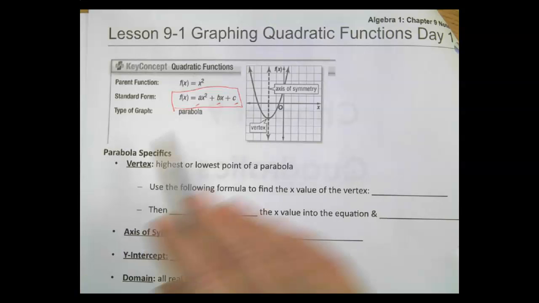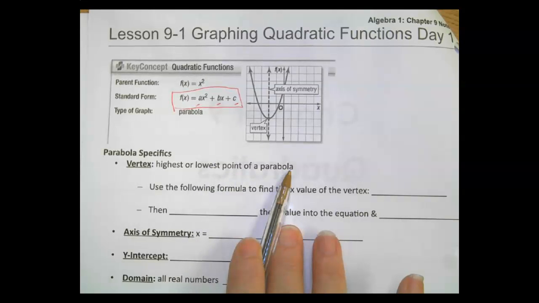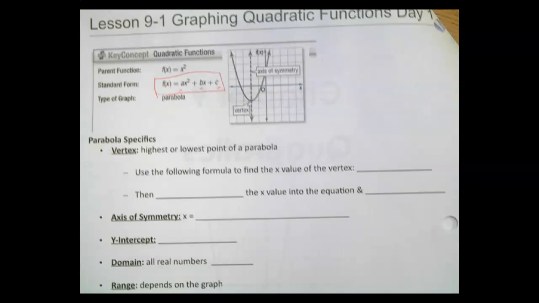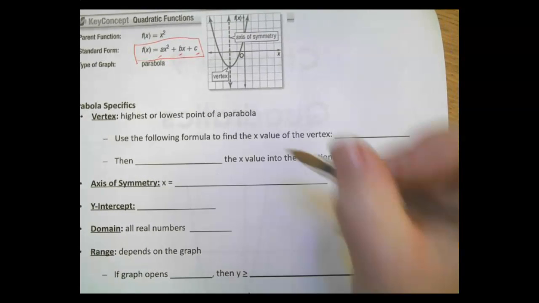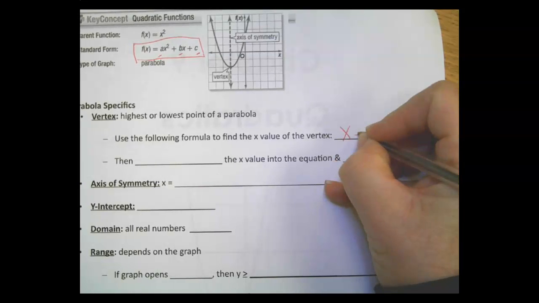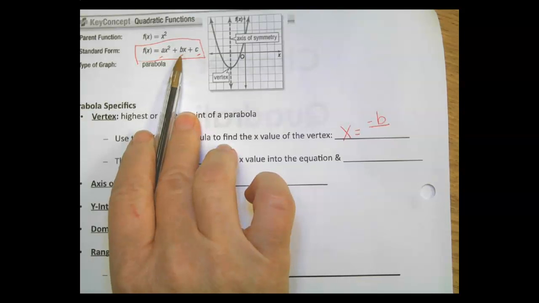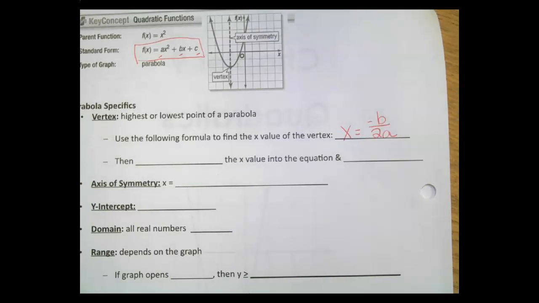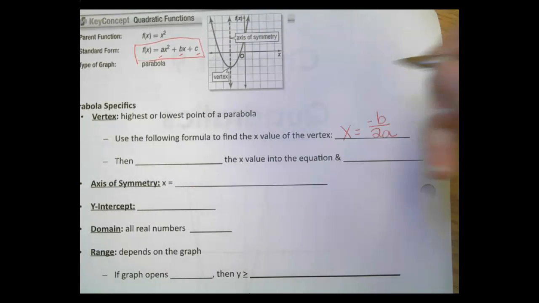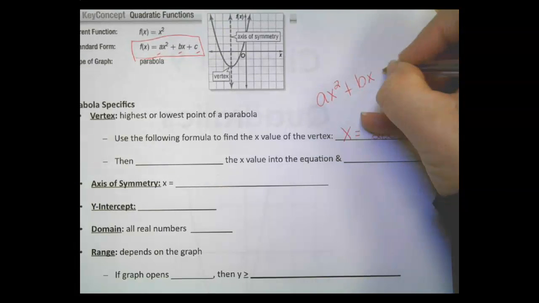Here is a picture of the vertex. So the vertex is either the highest or lowest point of your parabola. And to find that, which we haven't done before, and you're going to use this throughout this chapter, is x equals negative b. So you're getting that negative b from up here. And then 2 times your a value. And again, that comes from your equation, which is standard form, which is ax squared plus bx plus c.